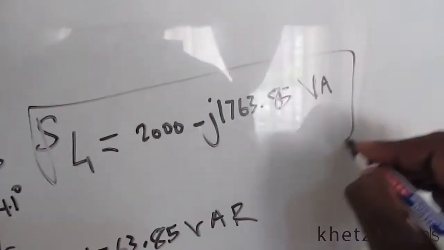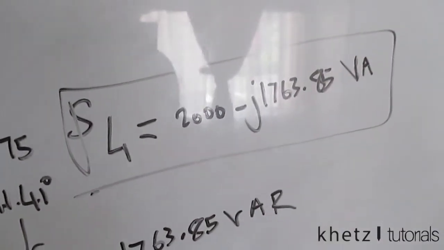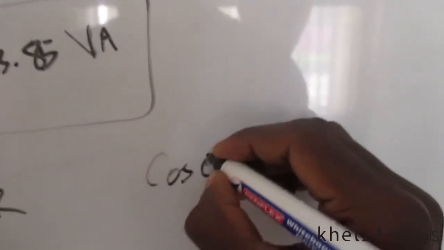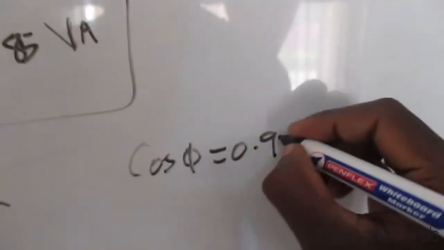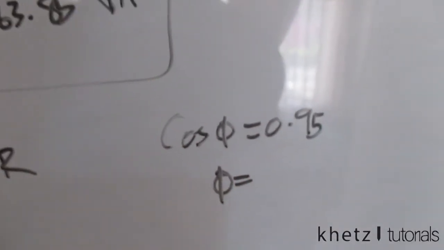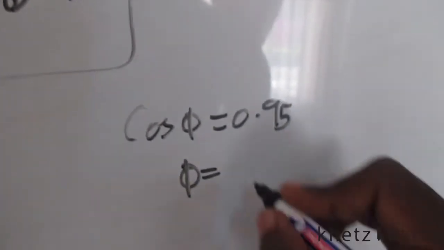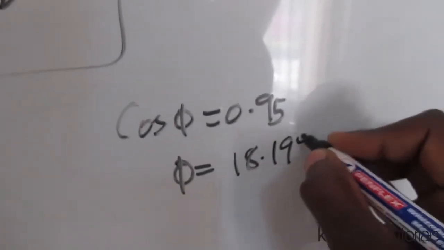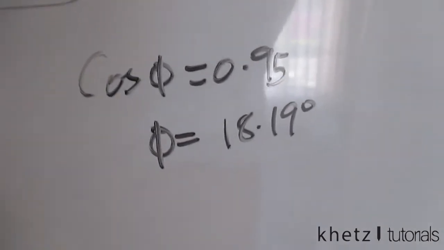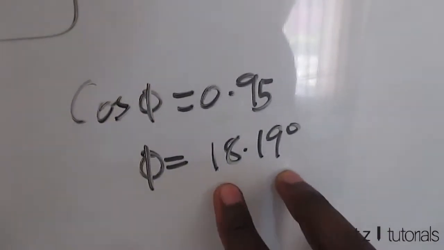Moving on to the second part, we do the exact same thing. We have a power factor given to us as 0.95. You're going to find the angle associated with that power factor, which is 18.19. It's positive in this case because we're told that it's lagging, which means the angle of the current is less. So we leave it like that.